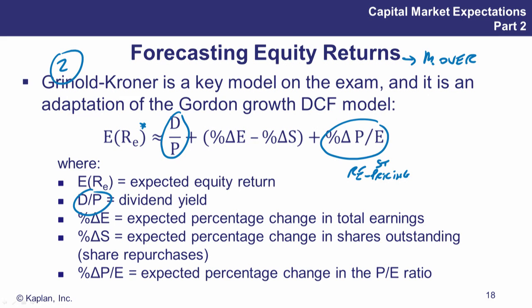Where the exam often has some fun with you, though, is the middle bit. And what this is, guys, here is the change in the earnings per share. To understand what's going on here, let's have a look at the earnings per share idea.